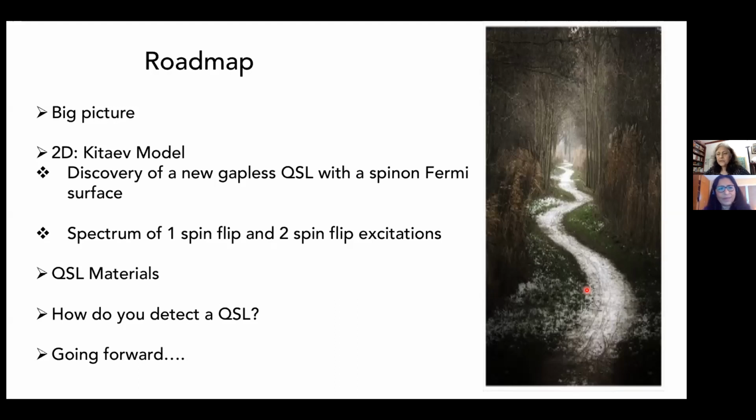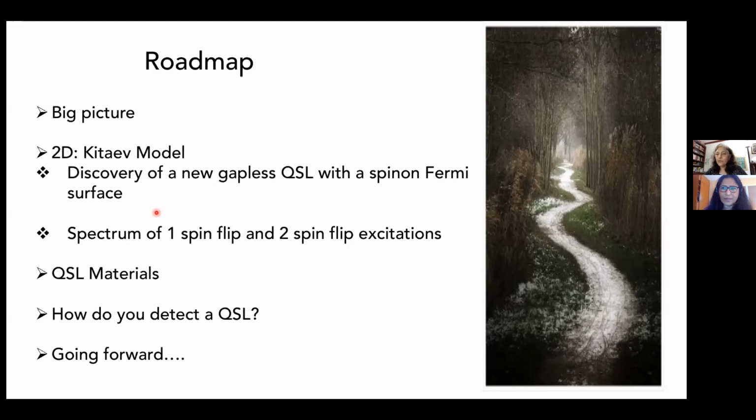Sure. Okay, so broadly, this is my roadmap. I'm going to start with the big picture because I assume not everyone is working on this topic. So I want you to see the importance of this area. And then I want to go into a very specific paradigmatic model, like the Ising model for phase transitions.